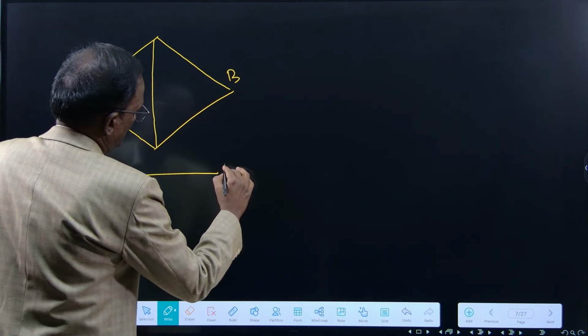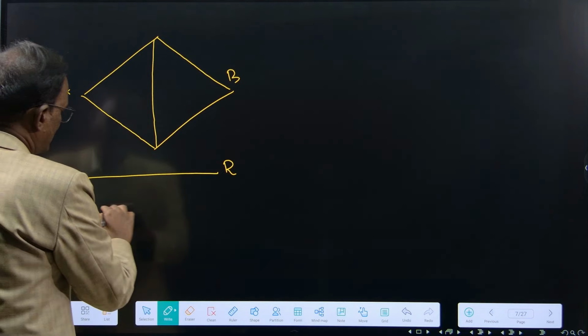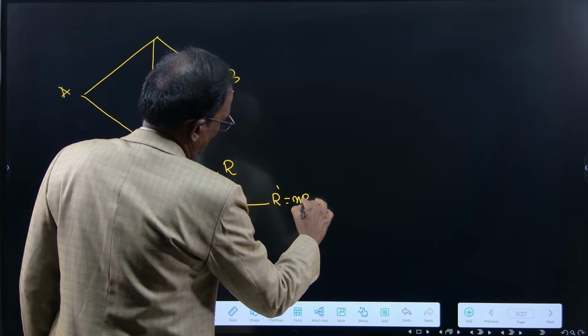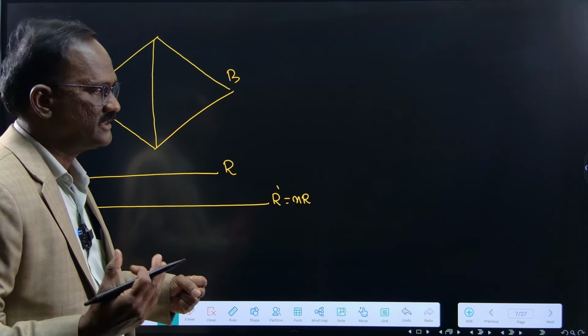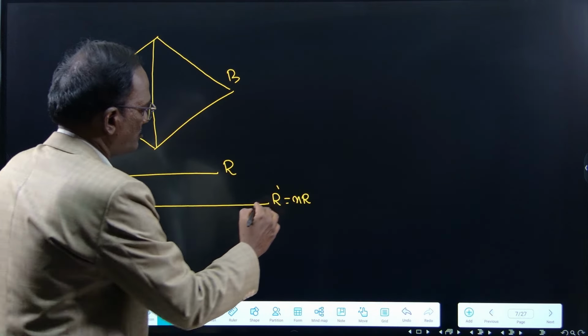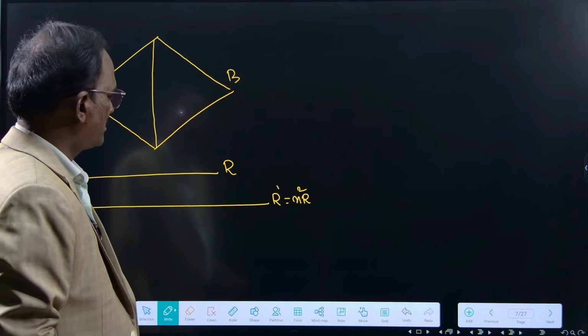Actually, this is the wire, original wire. Then it is stretched n times. N may be 2 or 3, we don't know. So R dash is equal to n square into R. The result is n square into R.